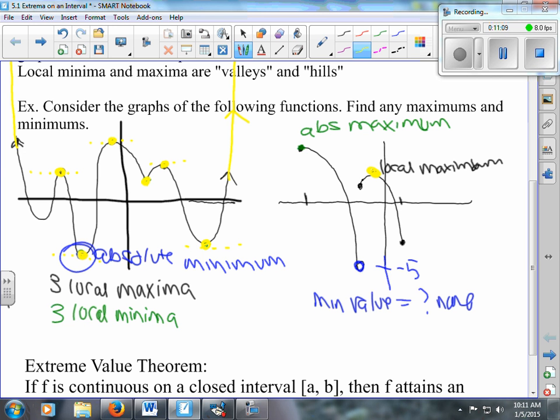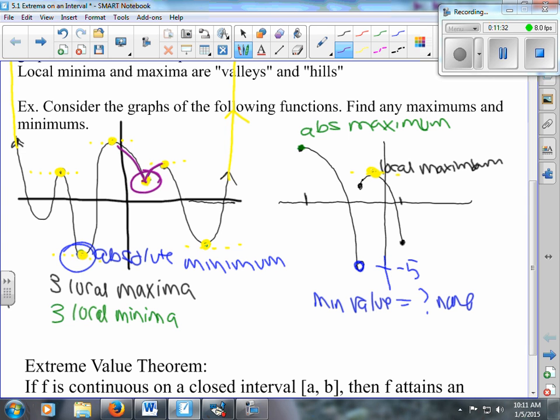And at all of these ones, I have a horizontal tangent line. The only one in which I don't have a horizontal tangent line is this guy right here, because he was a pointy. This one has a derivative that doesn't exist. This is called a cusp, and the derivative doesn't exist there.